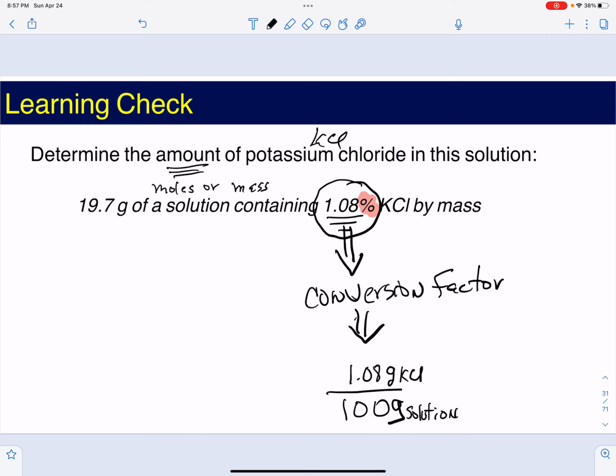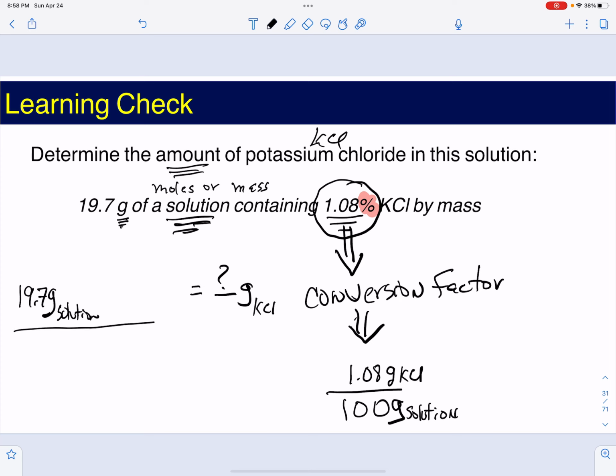We're trying to find the amount in grams of potassium chloride given 19.7 grams of the solution. So it's super important that we label everything that we're using.